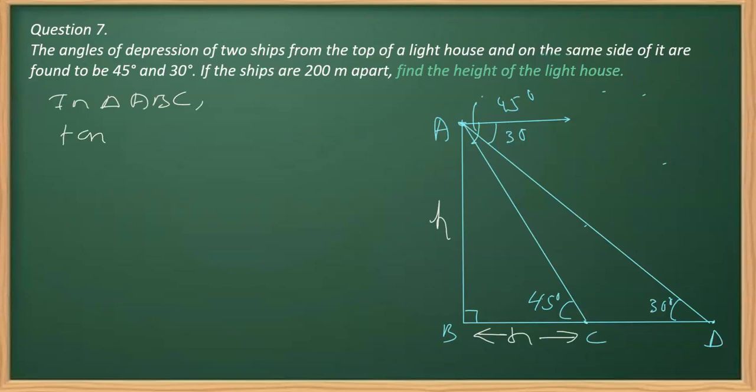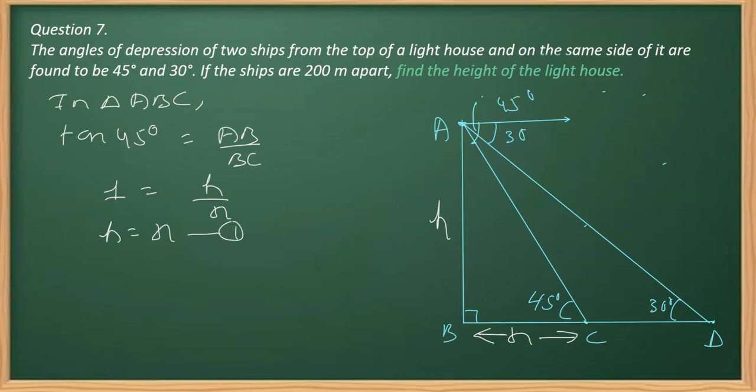Over here, I'm writing tan 45 degrees as the angle of elevation here is equal to perpendicular, which is AB, over the base, which is BC. Replacing tan 45 with its value 1, AB with H and BC with X, we got X is equal to H, or H is equal to X. That's the first relation we obtained.